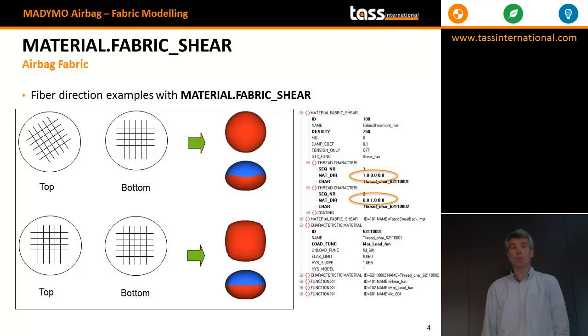However, if you apply the directions on top and on the bottom in the same direction, you will get from the top view a more square looking airbag. The sine wave is now gone. And generally, these directions are defined with respect to the reference mesh.